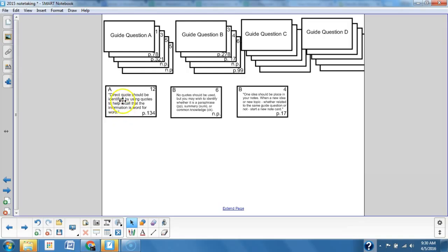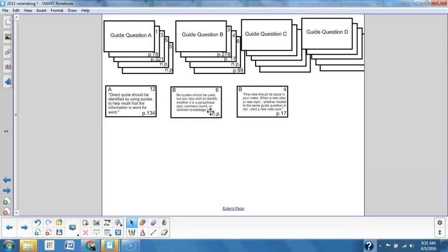In this case, it says a direct quote should be identified by using quotes to help you recall that the information is word for word, that you are quoting it word for word, and it should show up that way in your paper. If you don't have quotes, no quotes should be used, but you may wish to identify whether it is a paraphrase with a P, a summary with SUM or an S, or just common knowledge.